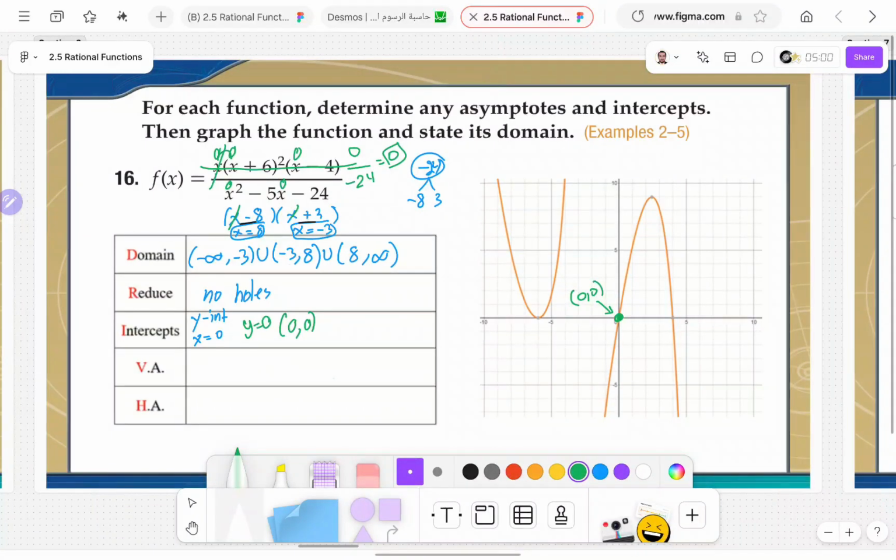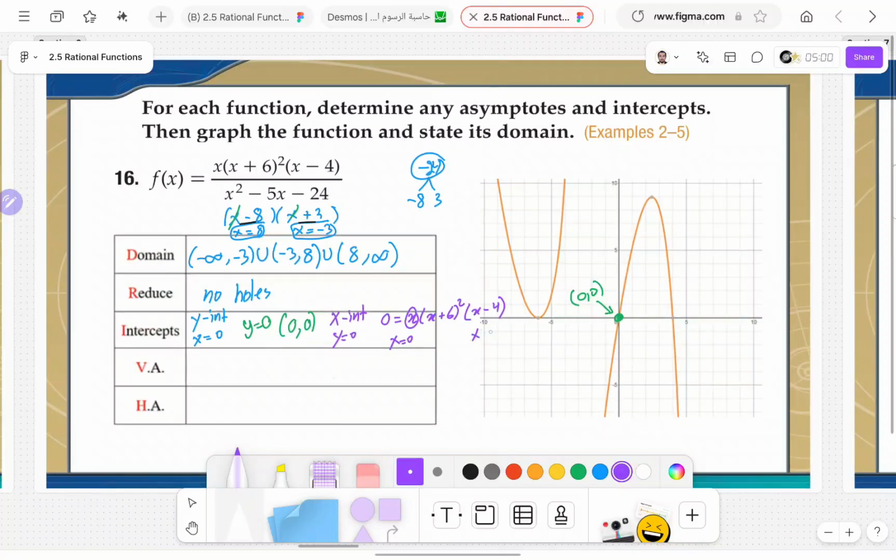Now the x-intercept. To find the x-intercept, set y equal to 0, and as I said, take only the numerator equal to 0. So 0 equals x multiplied by x plus 6 squared and x minus 4. So the first zero is x equal to 0.